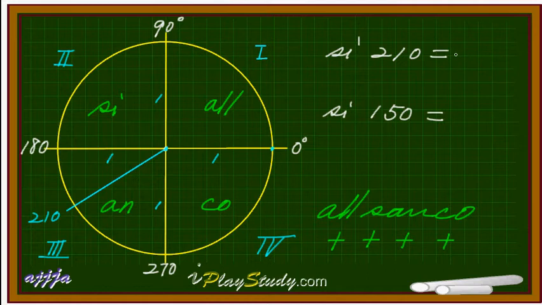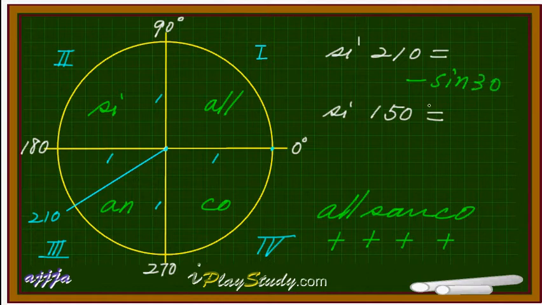So you use a negative right there. That's the sign. Now you gotta use how far it is from 180, whether above or below. This one is 30, so 180 plus 30. So this one is sine 30.